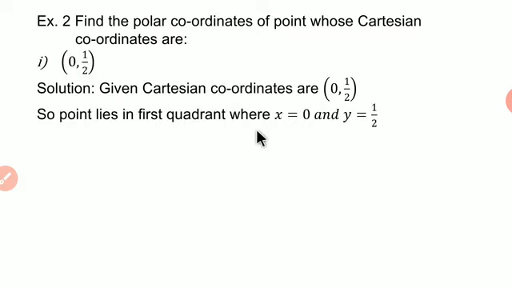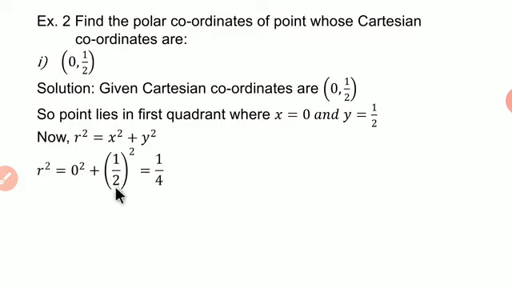to 1 by 2. Therefore the point lies in the first quadrant, and therefore r square is equal to x square plus y square. So r square is equal to 0 square plus (1 upon 2) square, it is equal to 1 upon 4.